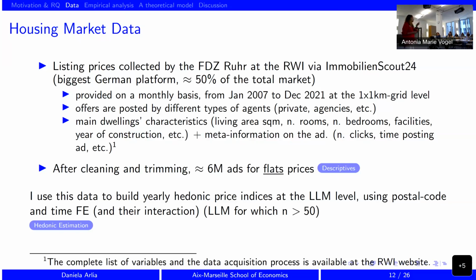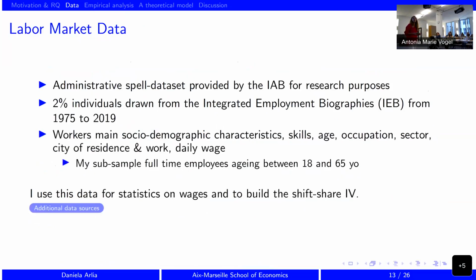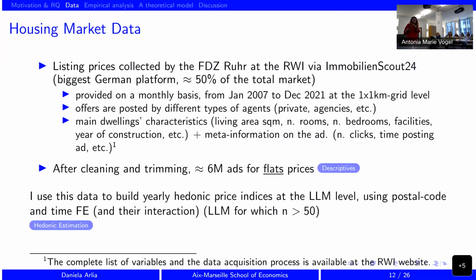And I only consider local labor markets for which I have more than 50 observations, which is 398. So that's almost all the local labor markets. These data are freely provided.